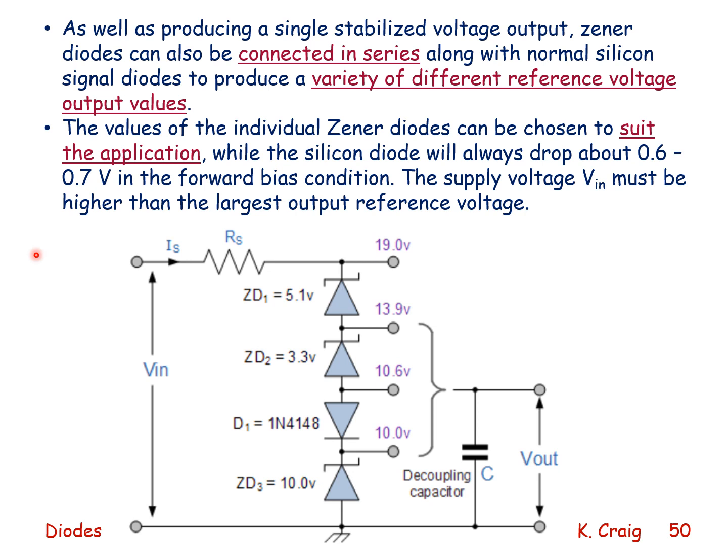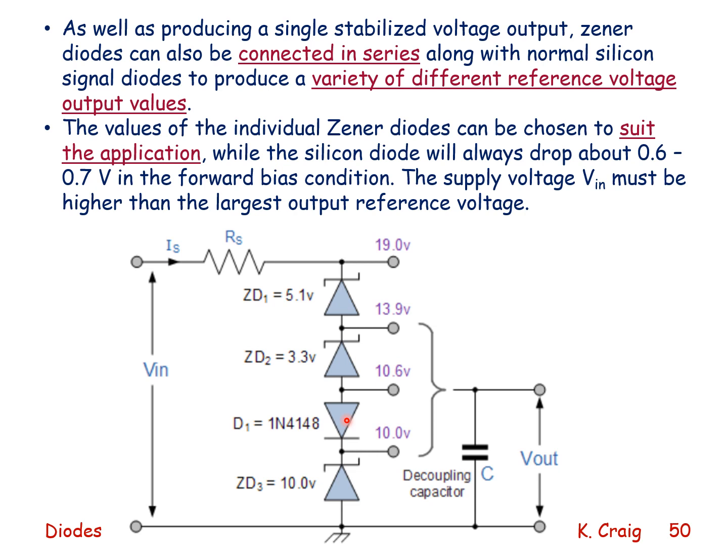As well as producing a single stabilized voltage output, Zener diodes can also be connected in series, as shown here, along with normal silicon signal diodes, as we have right here. And this is used to produce a variety of different reference voltage output values.